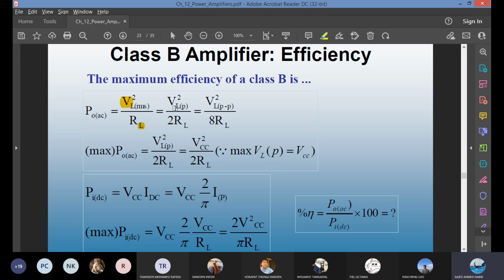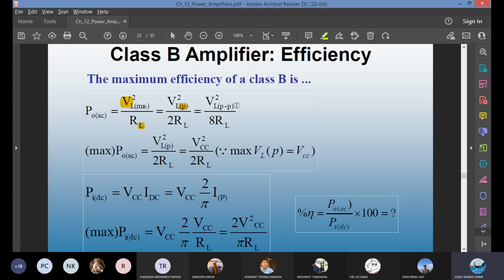RMS is peak divided by root 2. So if you are given, or if you somehow find the peak voltage, you can take peak over root 2 squared. This becomes peak load voltage squared divided by 2, because you are squaring the square root of 2. And of course there's an RL in the denominator.